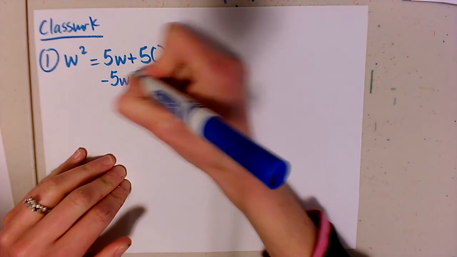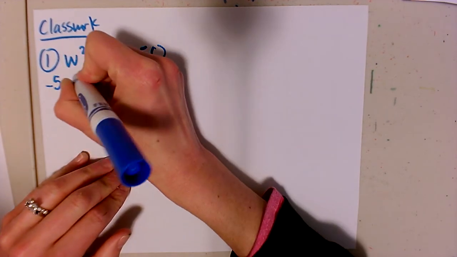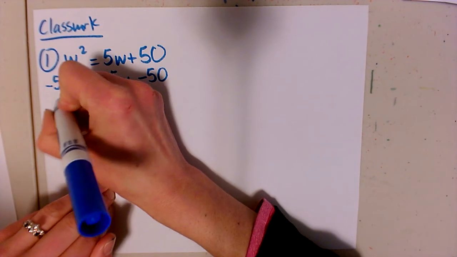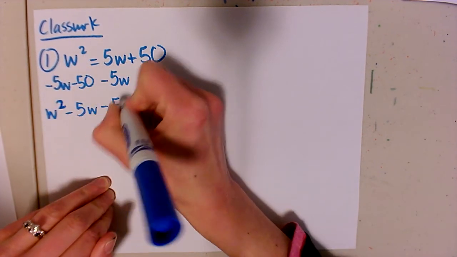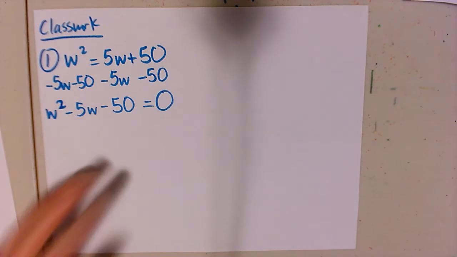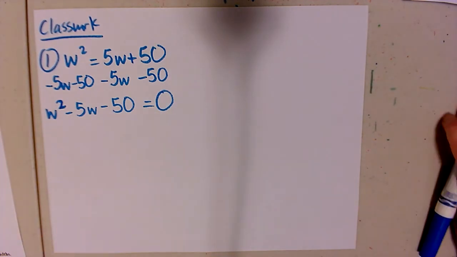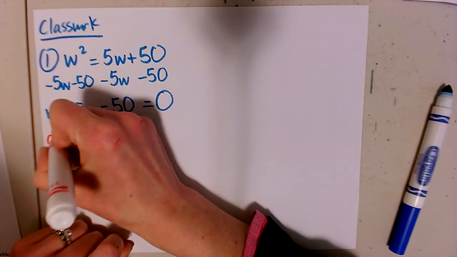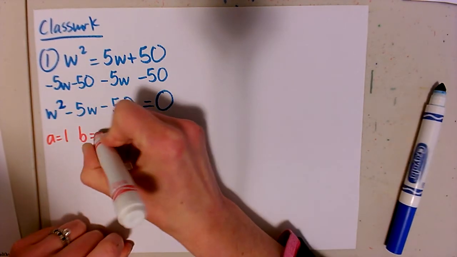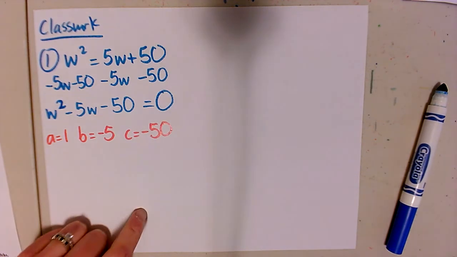I'm going to subtract 5w and subtract 50 from both sides. So I have w squared minus 5w minus 50 is 0. My exponents are going downhill and it's set equal to 0. And if I look at this, I can see a is 1, b is negative 5, and c is negative 50.